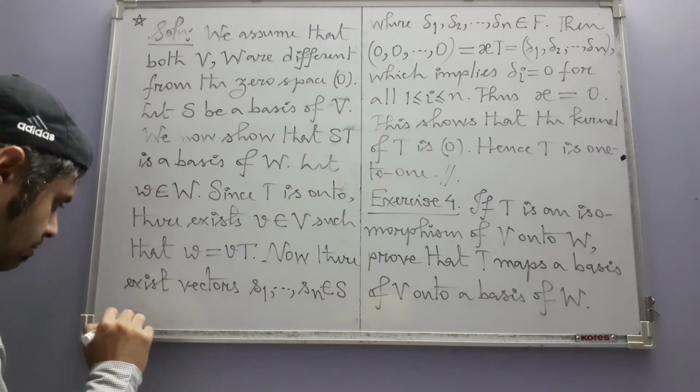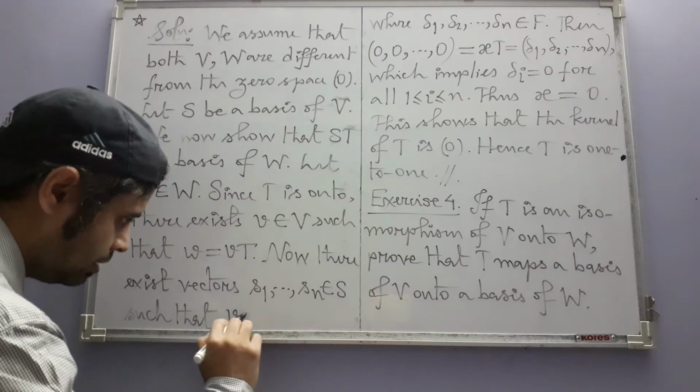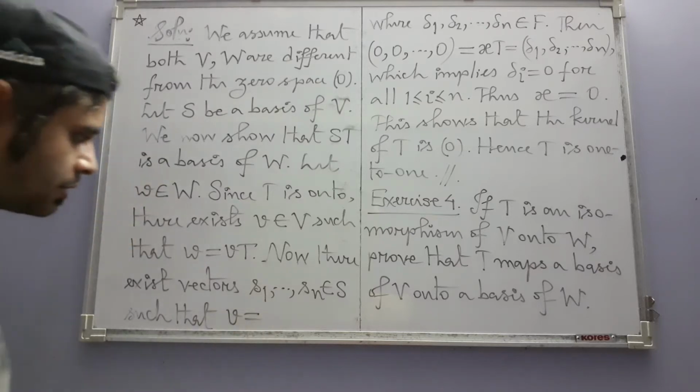So because v belongs to V, there are some vectors such that v is some linear combination of these vectors.